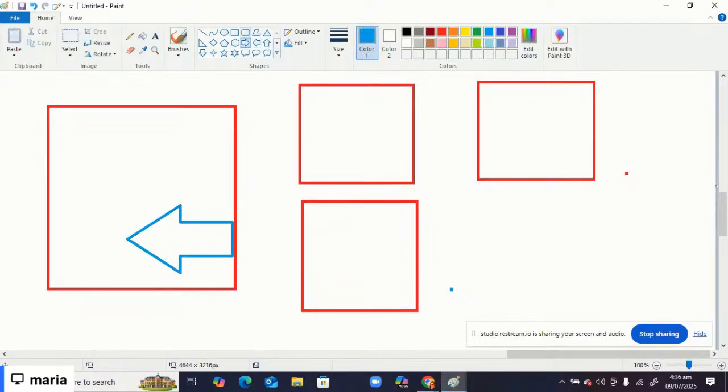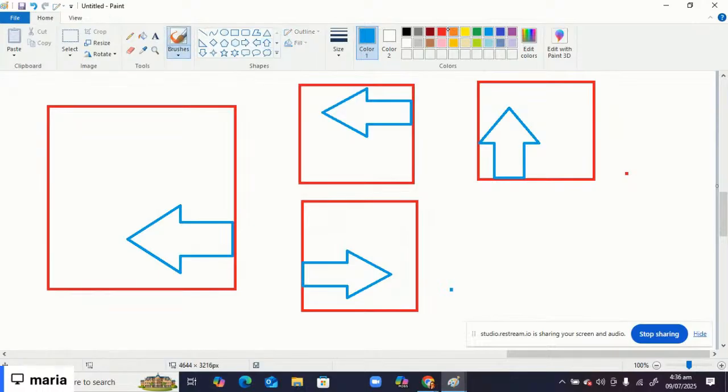This, this, this, and this. Now you guys tell me what is the reflection and what is the translation.